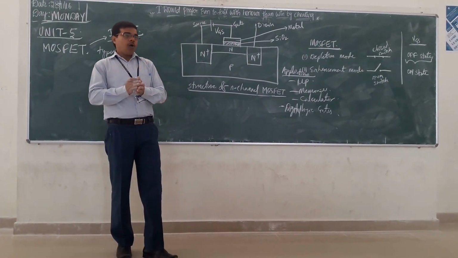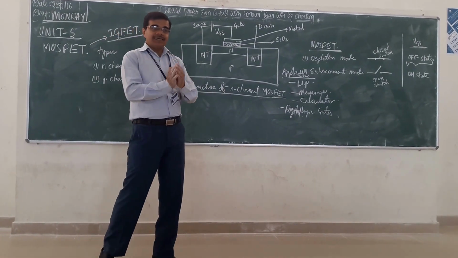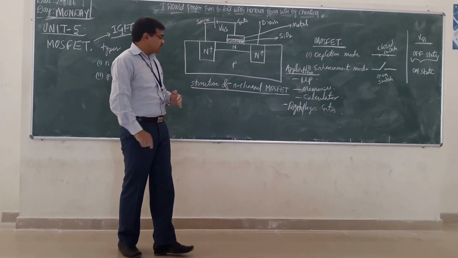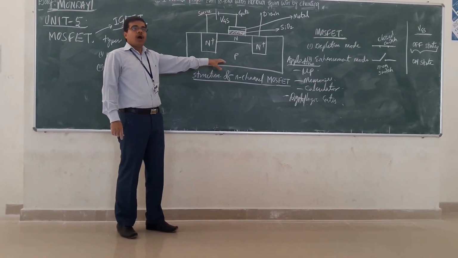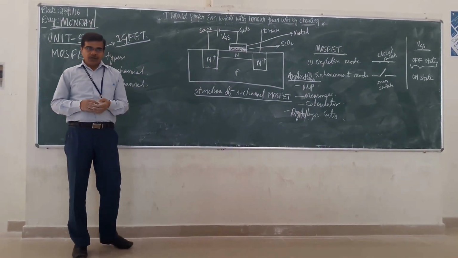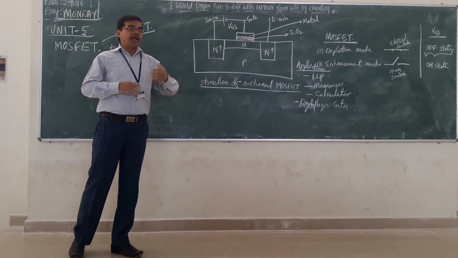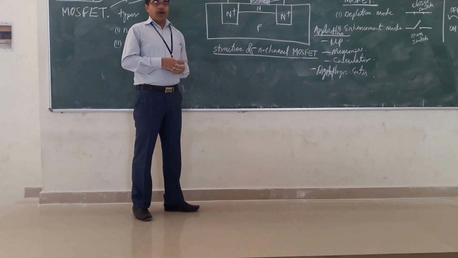Now, as we are switching to digital electronics, whatever things are there in digital electronics are made up of your MOSFET technology only. They all follow your MOSFET technology. The reason behind this is that it consumes very little power.